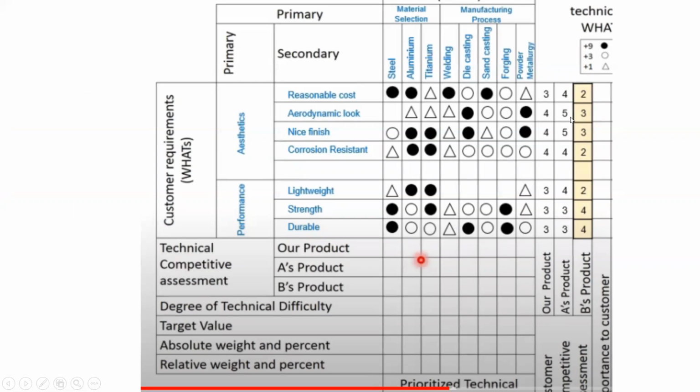High number is the best, low number is the worst. So your product, A product and B product: compare whether you are worse or better.